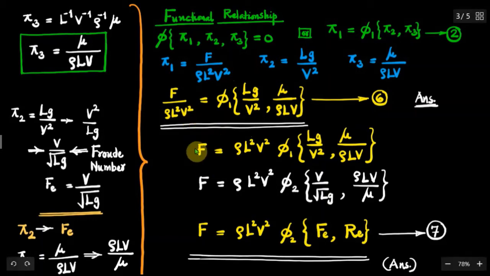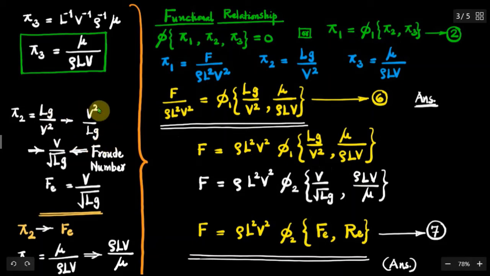So here what you can write is F is equal to, taking rho L square V squared to the right hand side, F is equal to rho L square V squared into function of Lg by V square, mu divided by rho LV. See, essentially Lg by V square. If you take the reciprocal, it will be V square by Lg.